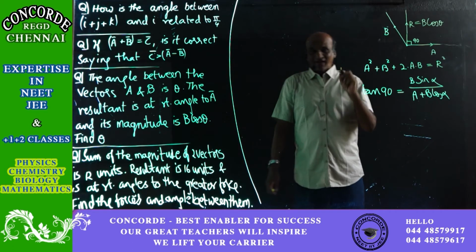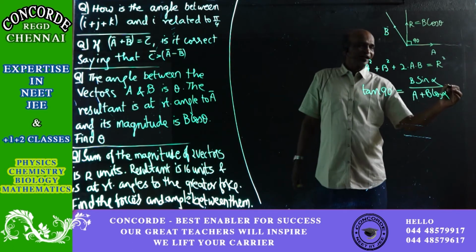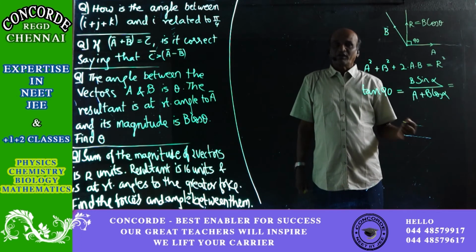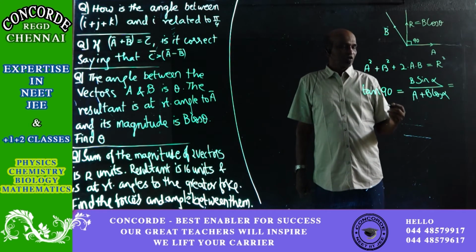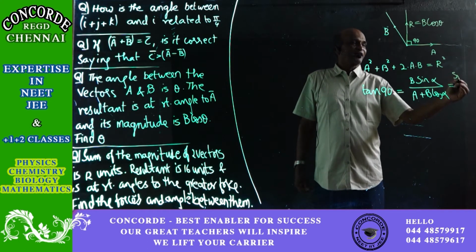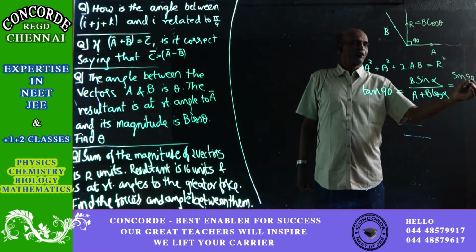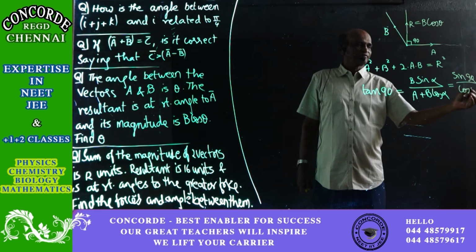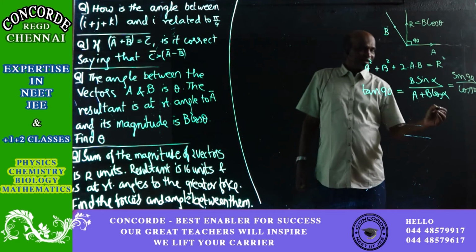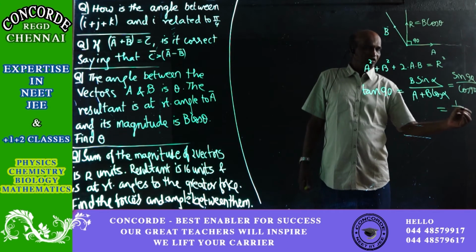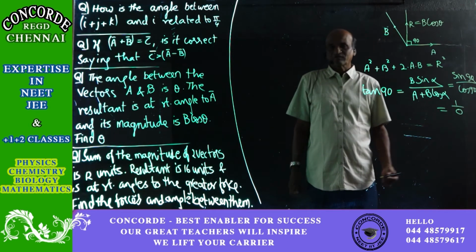Then the other thing is that tan 90, as we know from trigonometry, everybody knows this, you start studying all this from the 9th standard, is sin 90 by cos 90. Sin 90 is equal to 1 and cos 90 will be equal to 0.